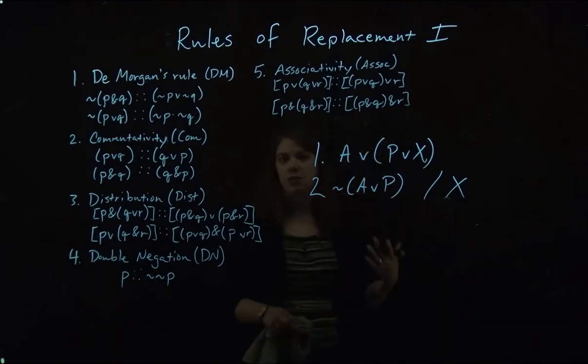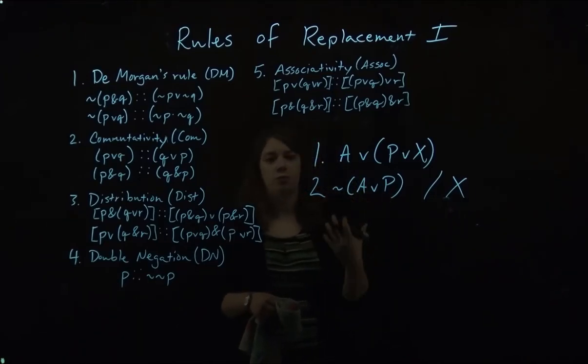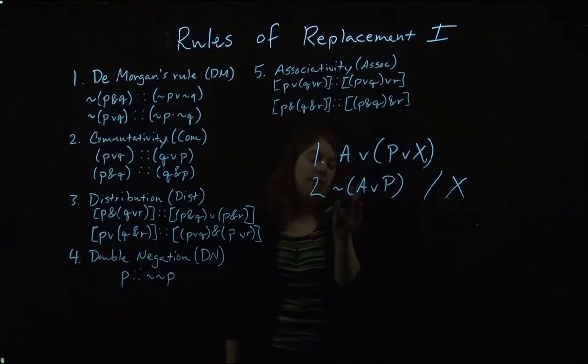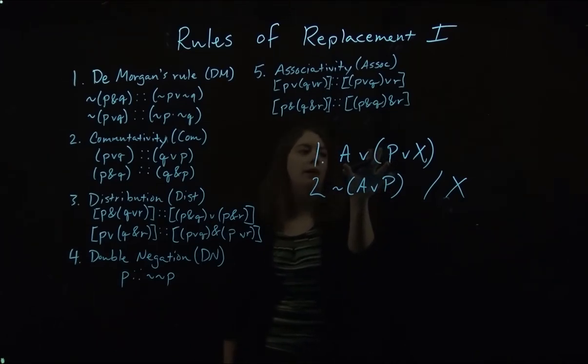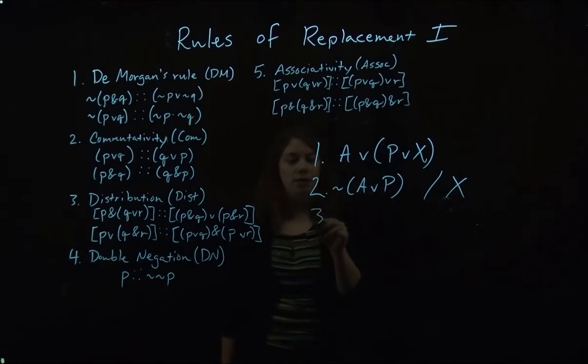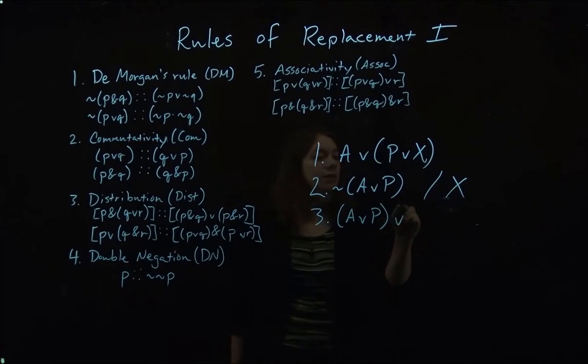Because again, disjunctive syllogism works with disjunctions here in terms of the rules of implication. Right. And basically, you can see here you have A or P and the negation of it, and then you could hypothetically have A or P right here. So this is a helpful rule because what we can then do here is on line 3, operating on line 1, we can just say, using the rule of associativity, we can then move the parentheses from coupling the P and X to coupling the A and P, right?